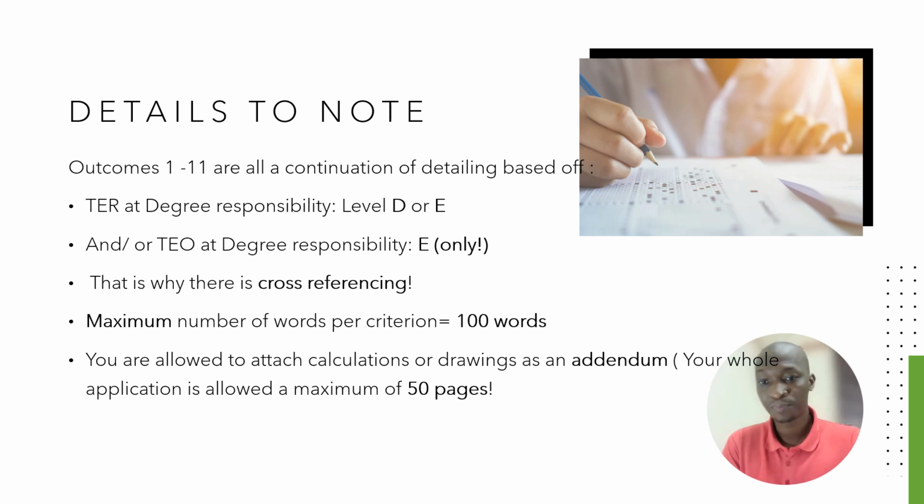You also have the opportunity to attach your calculations and drawings as an addendum. Just make sure the total number of pages does not exceed 50 pages for the whole report or your whole submission.